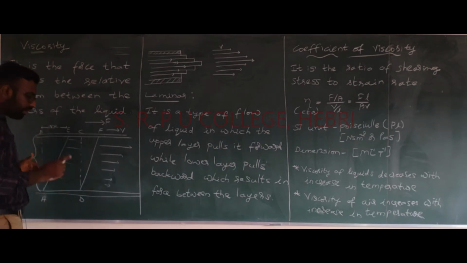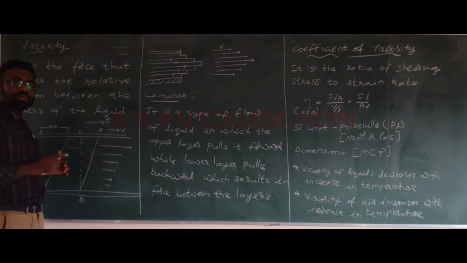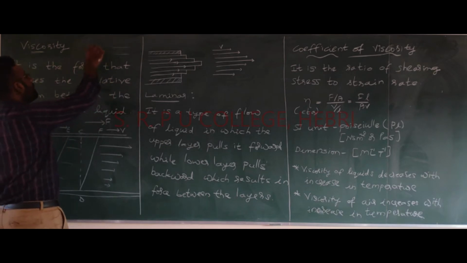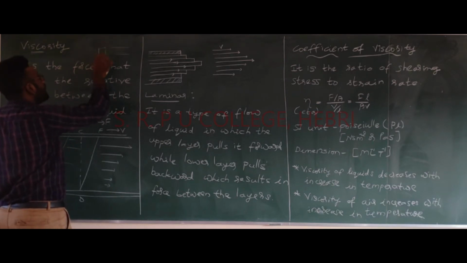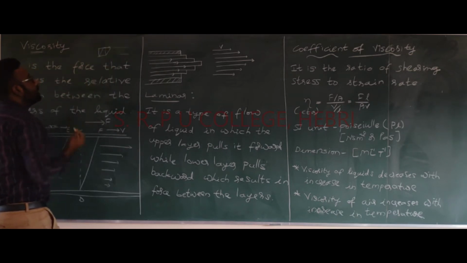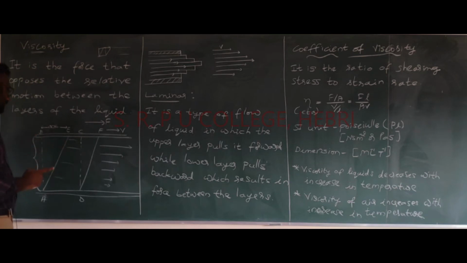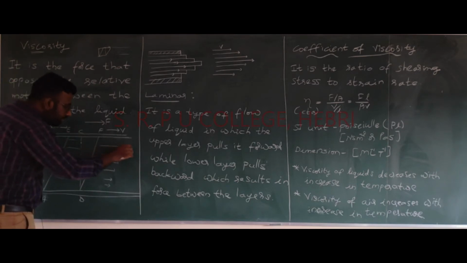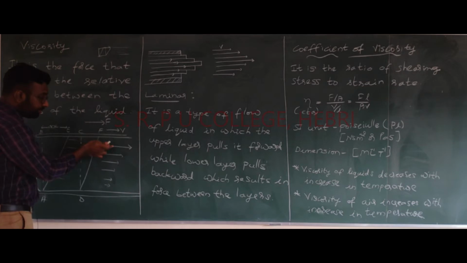Now you people have already seen shearing stress, right? What about shearing stress? We apply like this. See, a body is taken like this. When we apply force only on the top, what actually happens? It displaces like this, right? Similarly, what happens over here is the upper part of the liquid moves like this with velocity nearly equal to v.